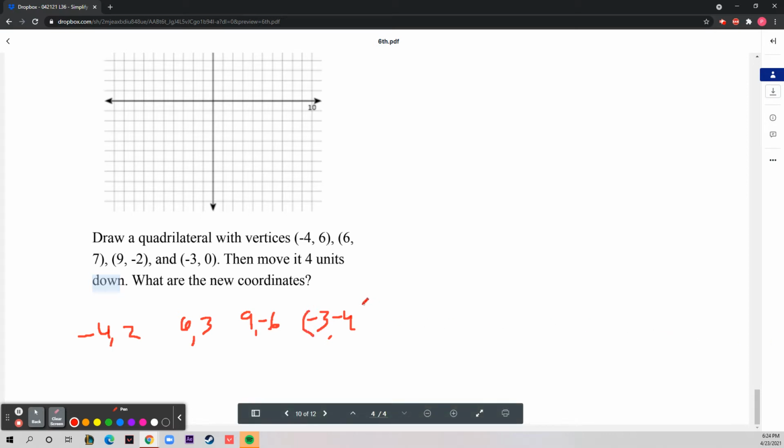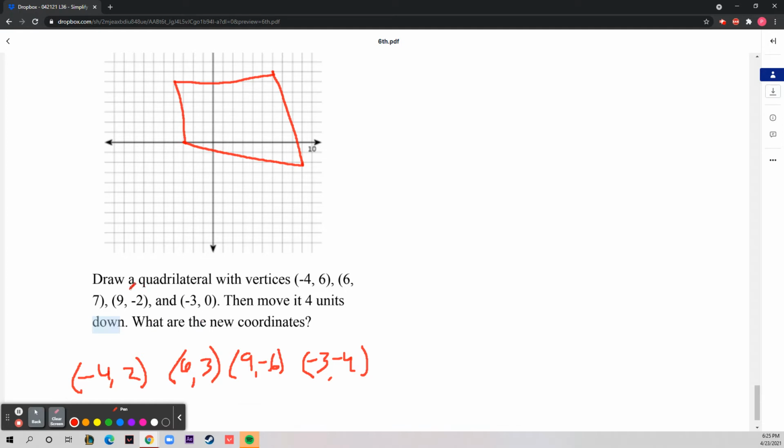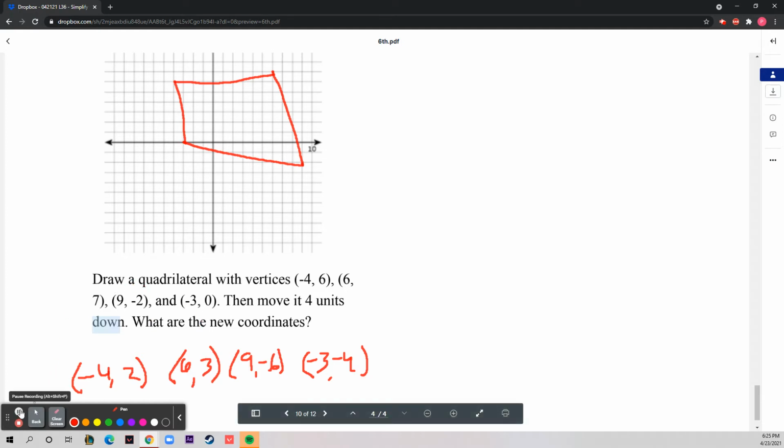Okay, I'll draw it one more time just so that you guys know for a fact that these are the final coordinates. Okay, so this is what the original looks like, and this is what the quadrilateral with the altered coordinates looks like.